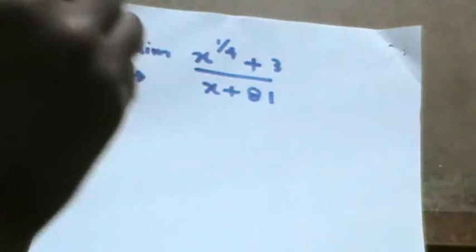If you are given something like this: the limit of x to the power 1/4 plus 3, divided by x plus 81, you have to find it when x goes to minus 81.